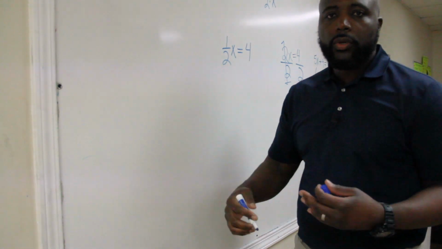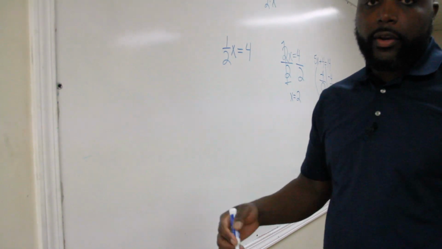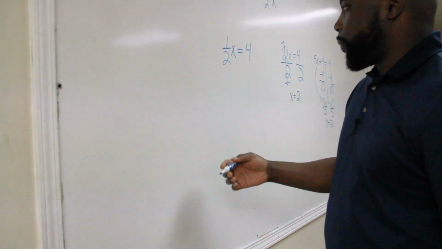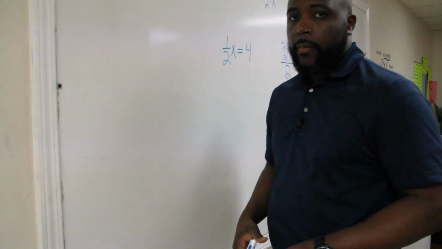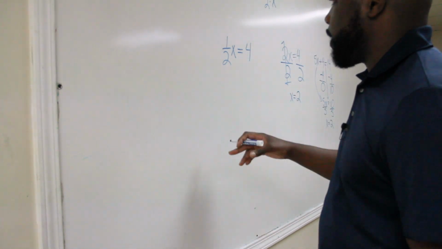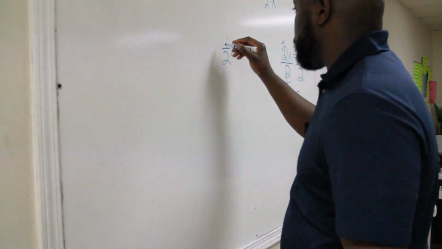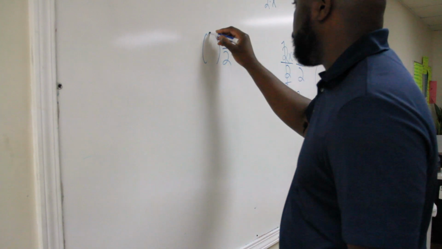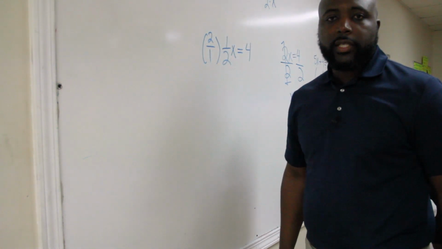So what do you do when you have a fraction attached to a variable? Well, what you're supposed to do is multiply by the reciprocal. And the reciprocal is just this number flipped. So we have 2 over 1 as our reciprocal.